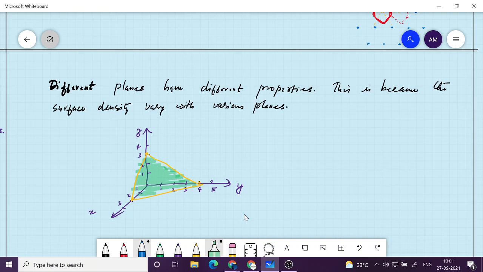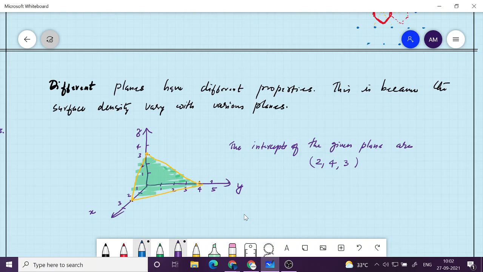So the intercepts of the given plane are basically x-intercept 2, then 4, and 3. So these are the intercepts, okay, 2, 4, and 3.